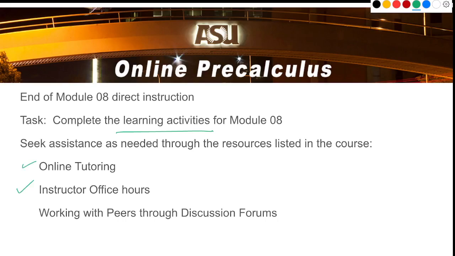Check on those. And then also you can work with your peers and your instructor through the discussion forums by posting any questions you have. Now, you may not get an immediate answer, but you might get it sooner than you think, because other people are popping on as well. So keep up the good pace, keep moving forward, and that will be the end for Module 8.